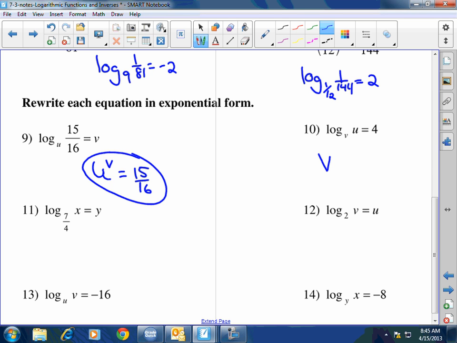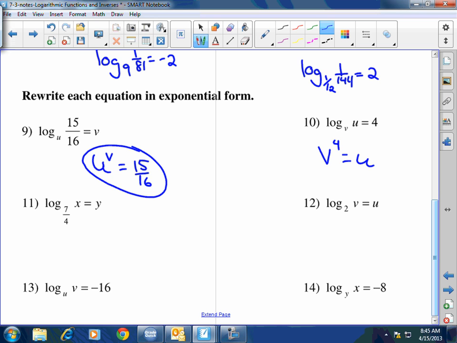Base v to the 4th power is u. Excellent. Next. Excellent, boys. 7/4 to the y power equals x. Awesome. Next. 2 to the u equals v. Heck yeah. Next.